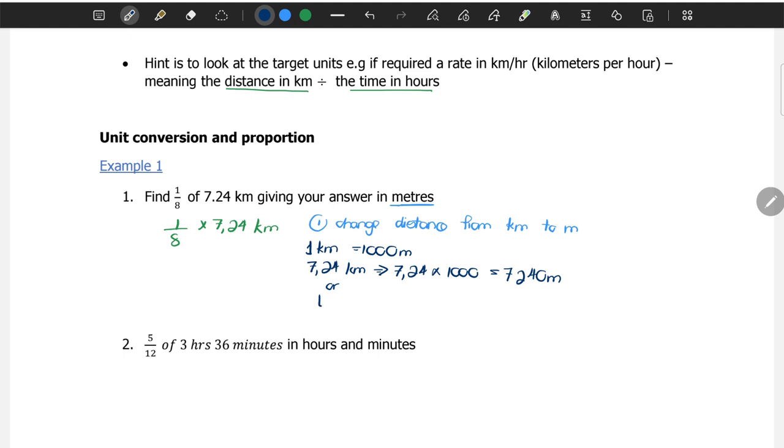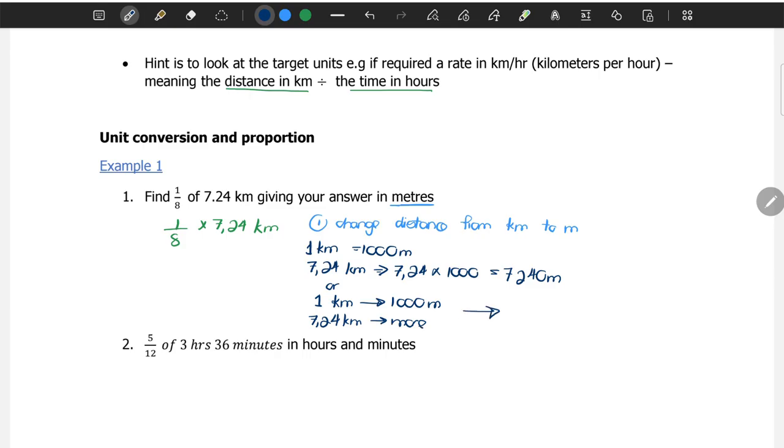Or, using the same approach, I mostly prefer using proportion. So if you think that you understand that better, that's saying if 1 kilometer is to 1,000 meters, therefore 7.24 kilometers is going to be more.